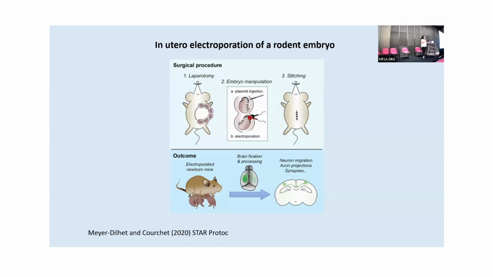Then you suture the abdominal cavity and let the rat live and let the embryos develop inside the rat, or you can euthanize both the rats and the embryos in 3-4 days and look at the brains. So brains harvested after this procedure have fluorescence.